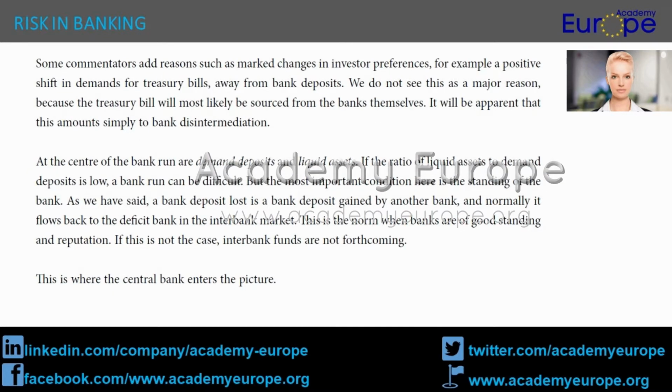Some commentators add reasons such as marked changes in investor preferences, for example a positive shift in demands for treasury bills, away from bank deposits. We do not see this as a major reason, because the treasury bill will most likely be sourced from the banks themselves. It will be apparent that this amounts simply to bank disintermediation.